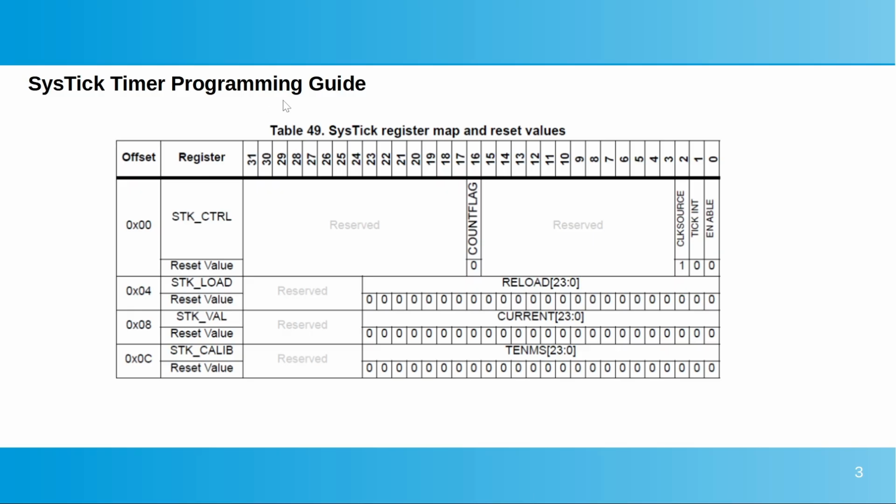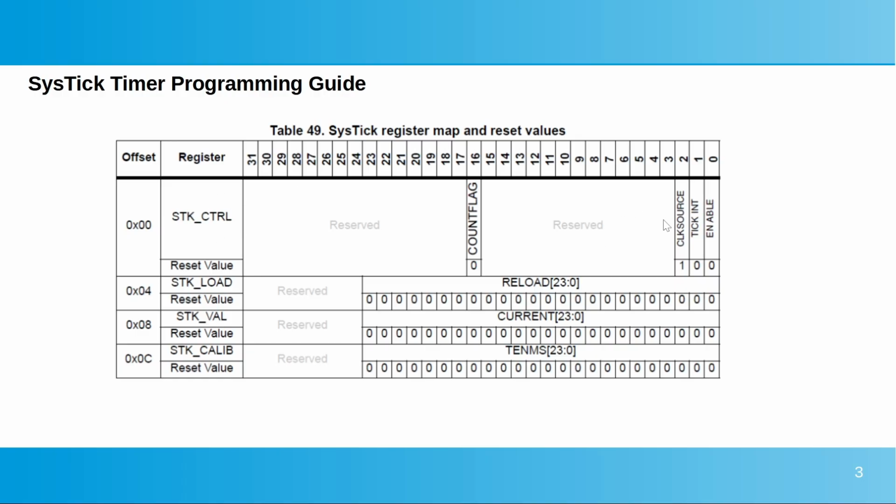From a programming point of view, the SysTick Timer has a set of registers that allow, first of all, enabling and disabling this timer counter separately. This is part of the SysTick control register, as well as enabling and firing a SysTick Timer interrupt once this counter reaches 0. This is as well part of the control register.